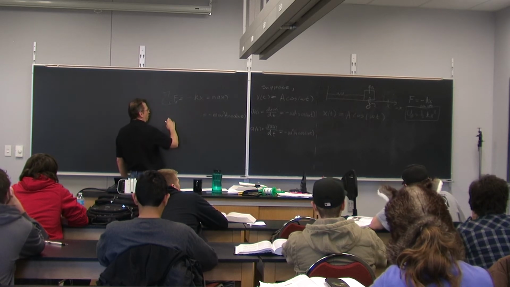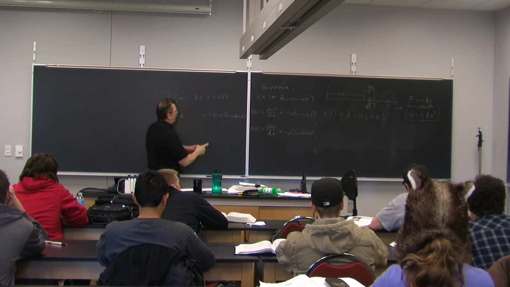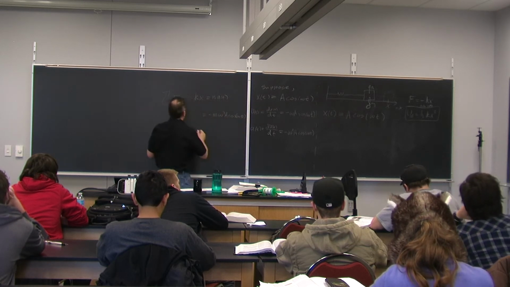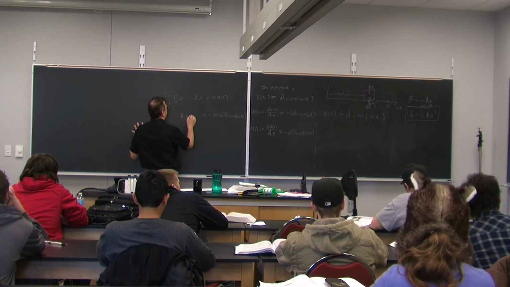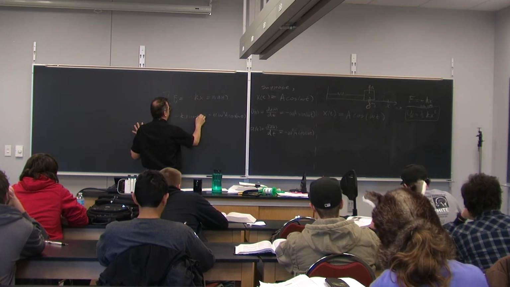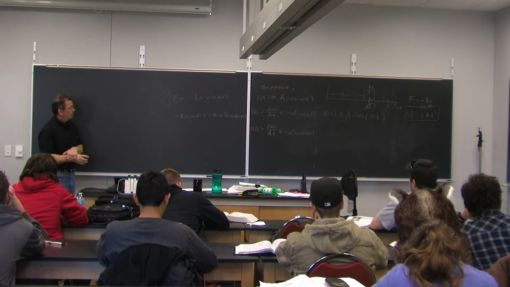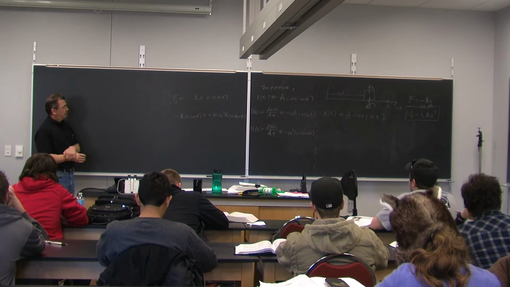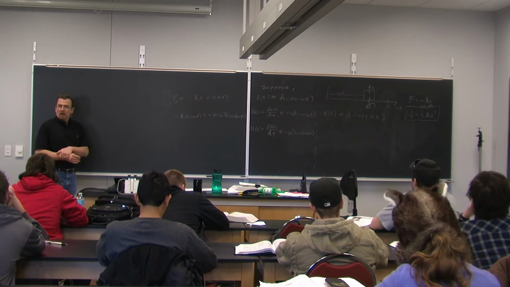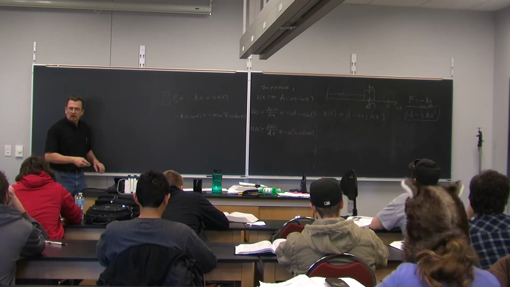And what do we have on the left side? Minus k. And what's our x? A cosine. Look at this. Yeah, it's looking kind of promising, isn't it?